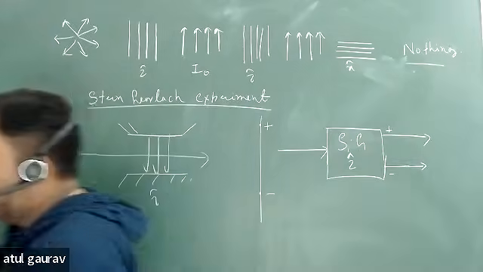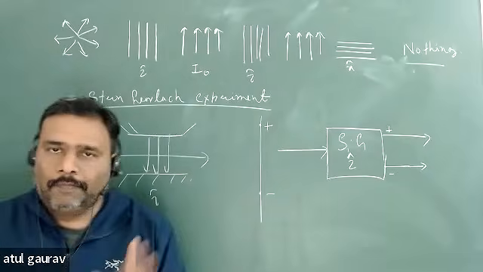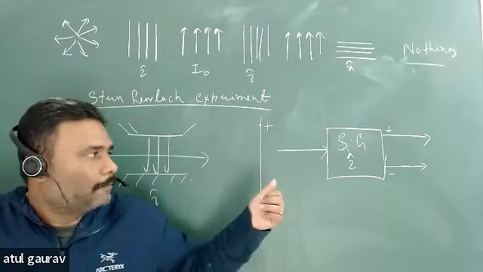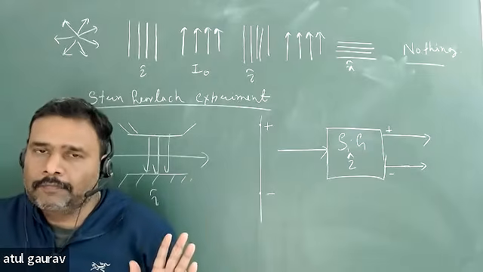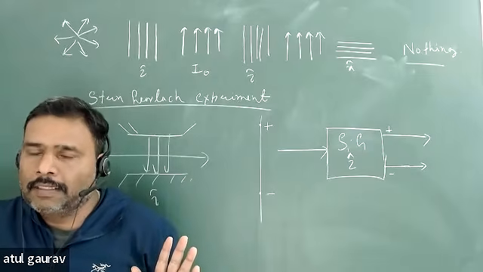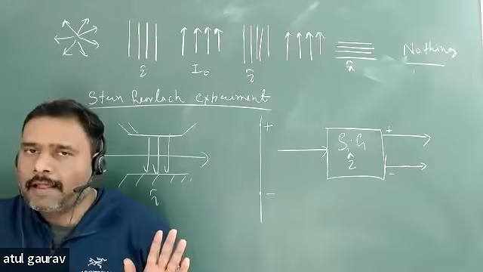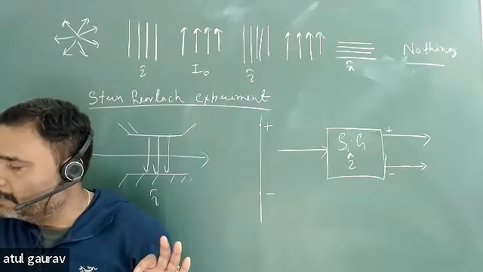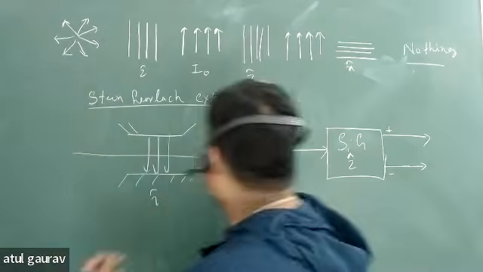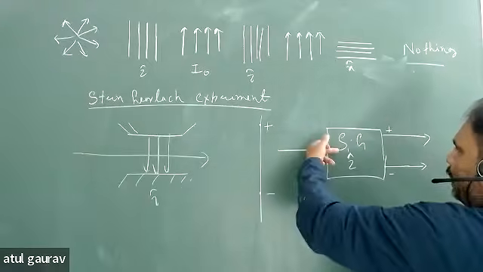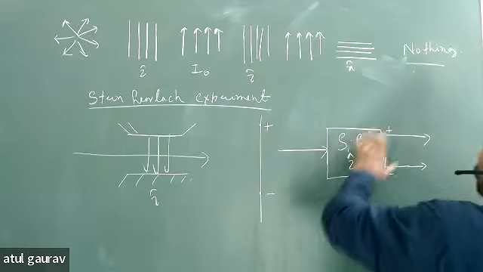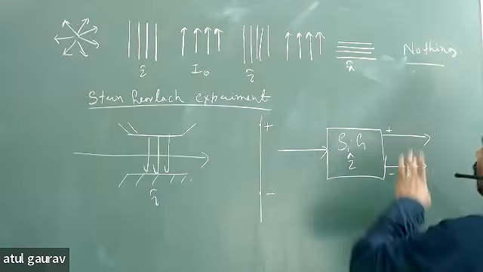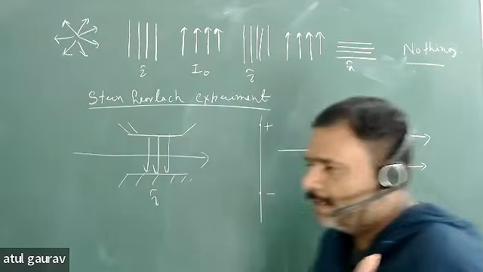Does everybody understand this particular setup, especially my JEE friends? Are you having any difficulty? You just have to understand that the electron crosses from here, something happens inside, and then you will get either plus or minus. Are you getting my point?